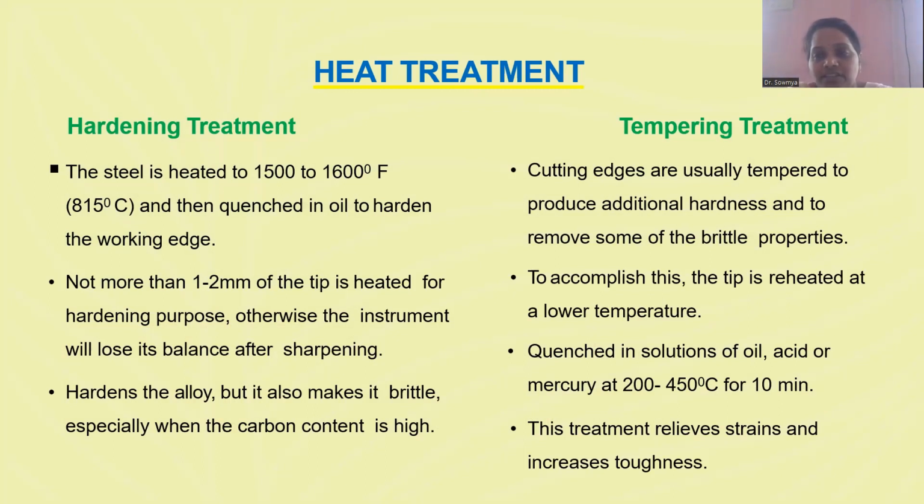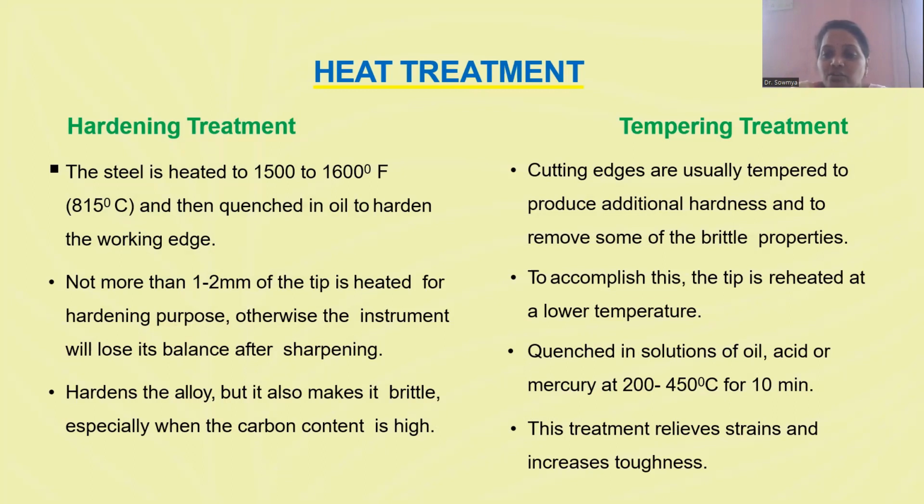Next, coming to the tempering treatment. In this, the cutting edges are usually tempered to produce additional hardness and to remove some of the brittle properties. To accomplish this, the tip is reheated at a lower temperature.